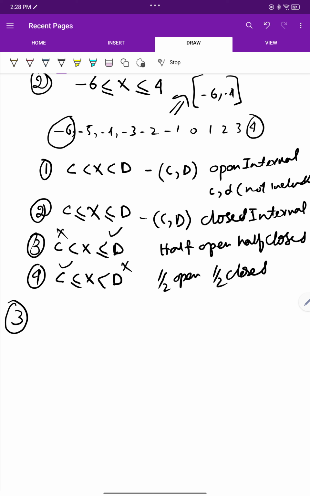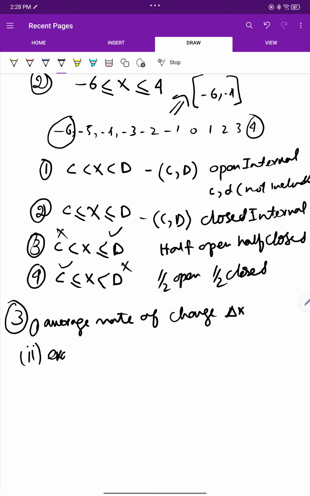So we have to keep in mind that in derivative, one is average rate of change. We use this for average change, and yeah, this is the first one. Number second is the exact or instantaneous. Instantaneous rate of change.